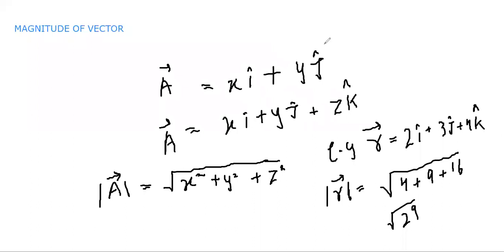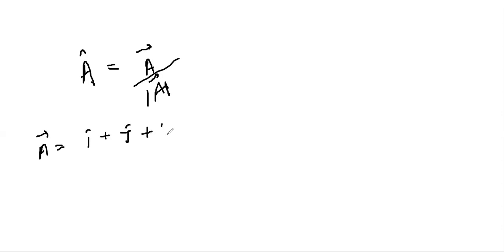Correct. Now in the last video we also learned the formula of unit vector, given by a cap equal to a vector divided by its magnitude, right? So suppose there is a question in which you have a vector a, given by i cap plus j cap plus k cap, and the question is to find its unit vector.